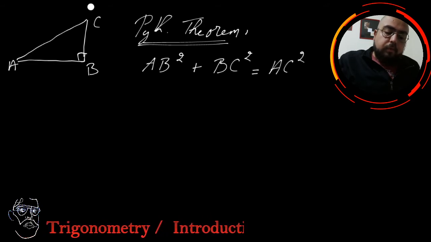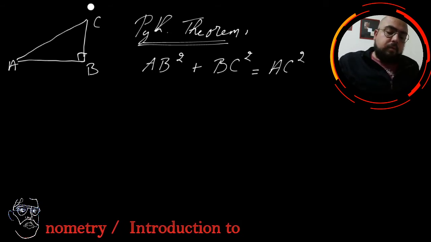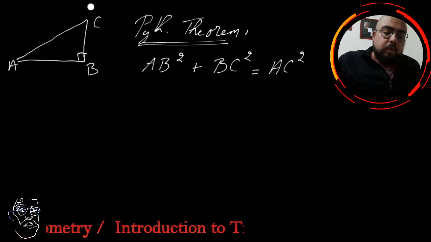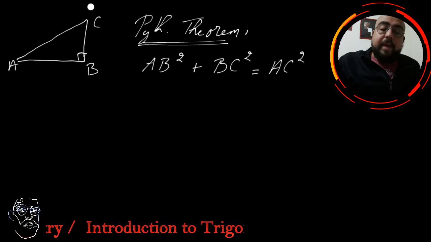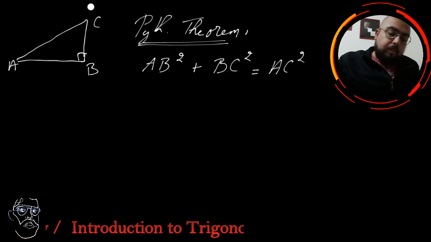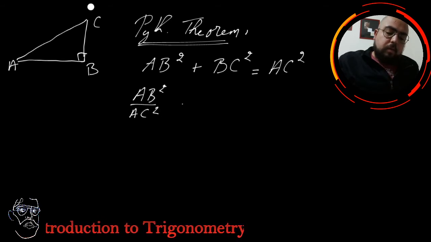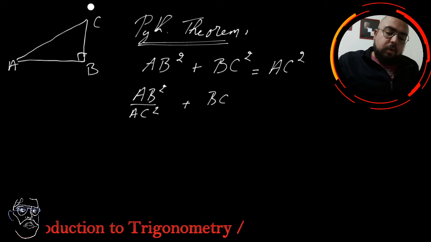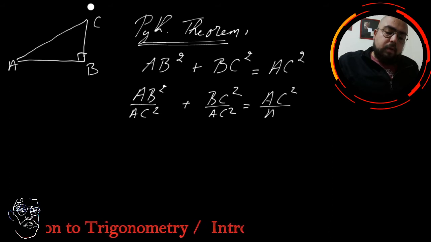It's AC to the power of 2. Now if I divide this relation, each term by AC squared, we're going to get AB squared over AC squared plus BC squared over AC squared is equal to AC squared over AC squared.